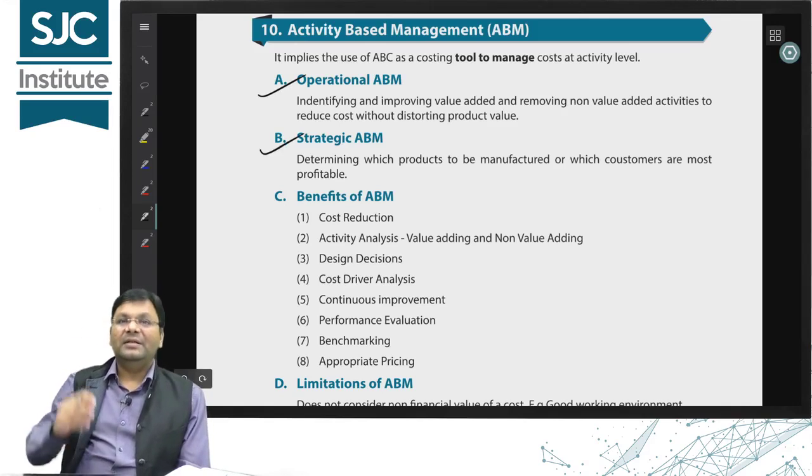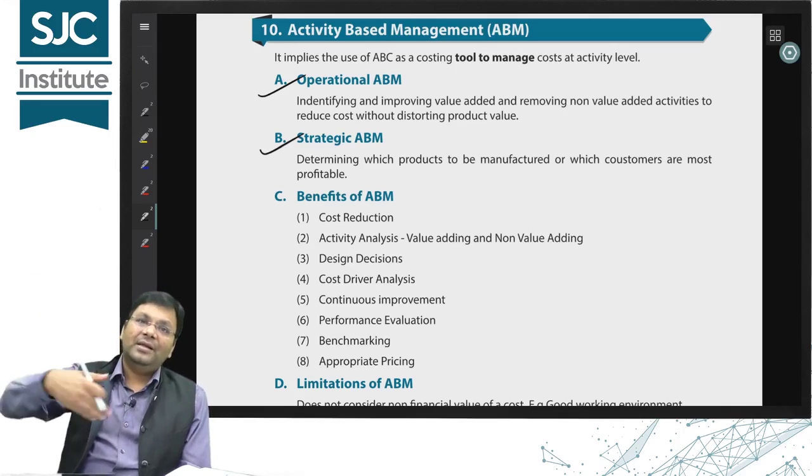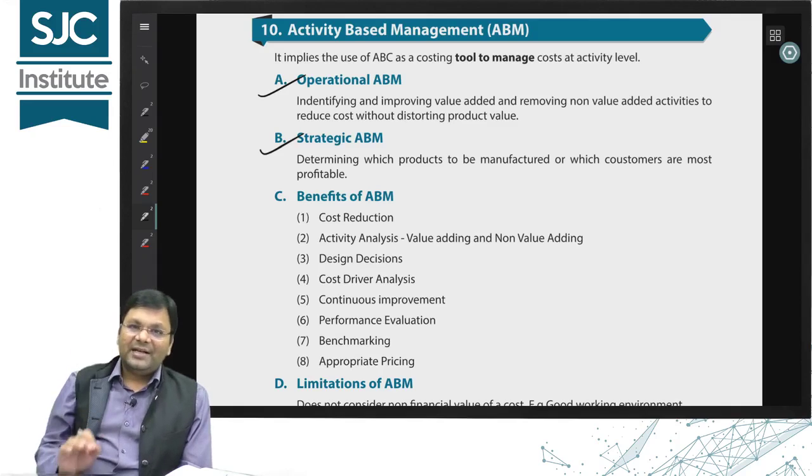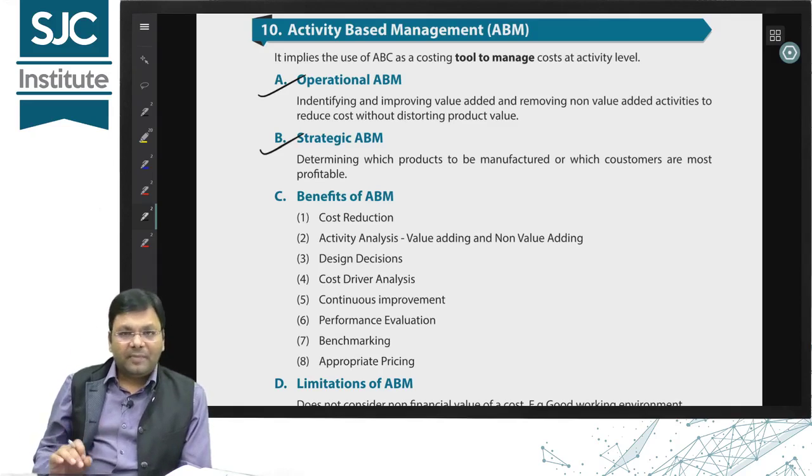Strategic ABM is a decision that you are taking which will be implemented in a longer period of time. Got it? So strategic ABM gets executed in a longer period of time.